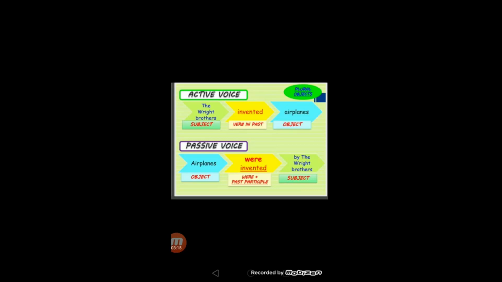After that, we put the verb in passive. Any passive verb consists of two main parts. The first part is the verb to be according to the tense of the sentence. The second part is the past participle of the main verb. So here in passive we say airplanes were invented by the Wright brothers.